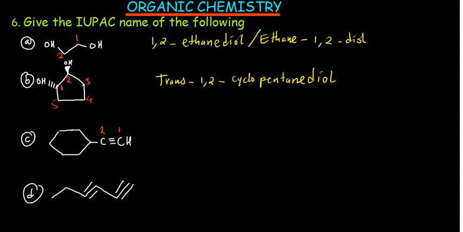But even as we get to name this parent name, we need also to identify that we have got a cyclo compound here. So we first have this compound here. How many carbons does it have? It has got 2 carbons. So that is supposed to be called ethene.